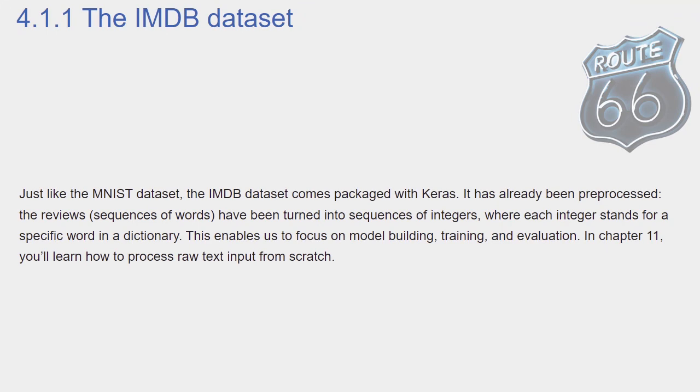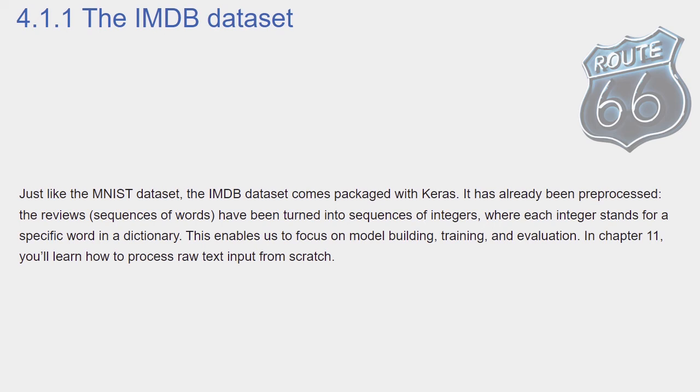Just like the MNIST dataset, the IMDb dataset comes packaged with Keras. It has already been pre-processed. The reviews, sequences of words, have been turned into sequences of integers, where each integer stands for a specific word in a dictionary. This enables us to focus on model building, training, and evaluation.